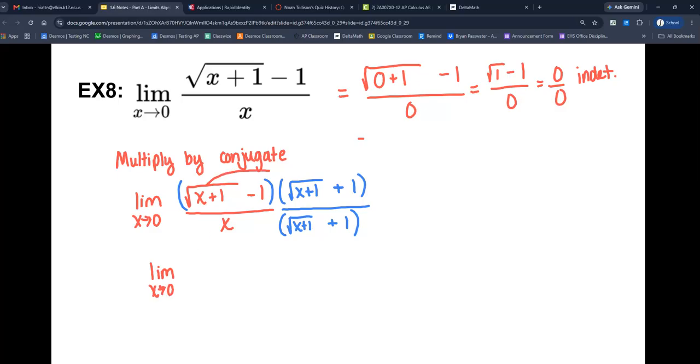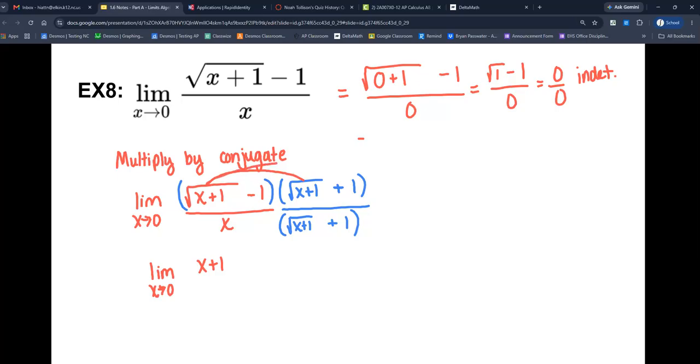So when I multiply the square root of x plus 1 times the square root of x plus 1, what do I get? Square root of 5 times square root of 5 is just 5. Or square root of 7 times square root of 7 is just 7. So square root of x plus 1 times square root of x plus 1 is just x plus 1, with no roots.